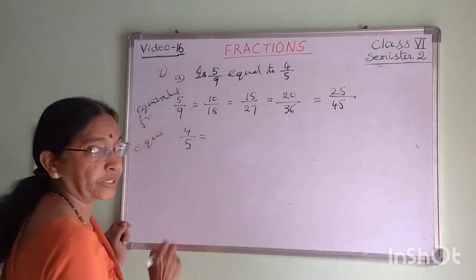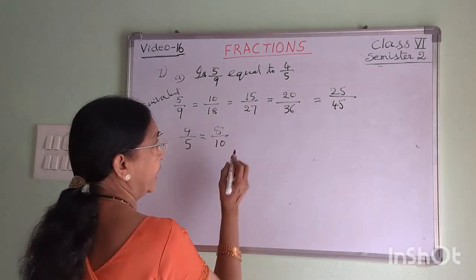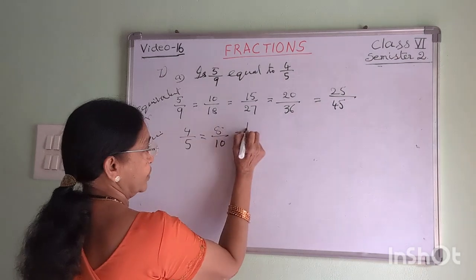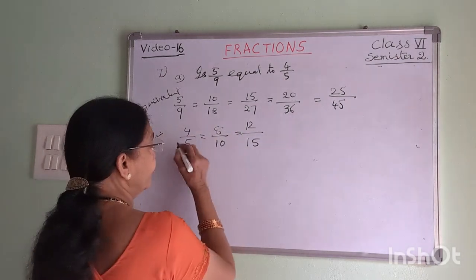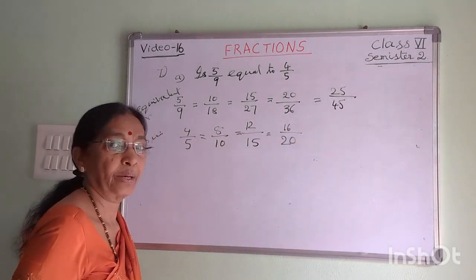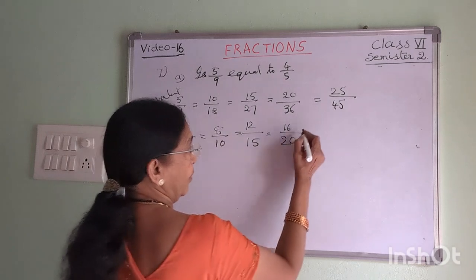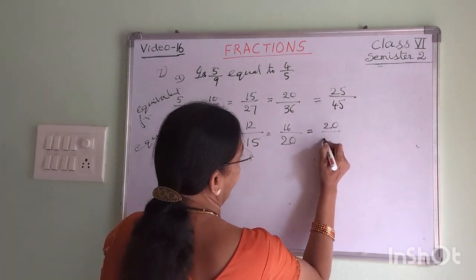Multiplying by 2, 8 by 10. Multiplying by 3, 3 fours 12, 3 fives 15. Multiplying by 4, 4 fours 16, 4 fives 20. Multiplying by 5, 5 fours 20, 5 fives 25.